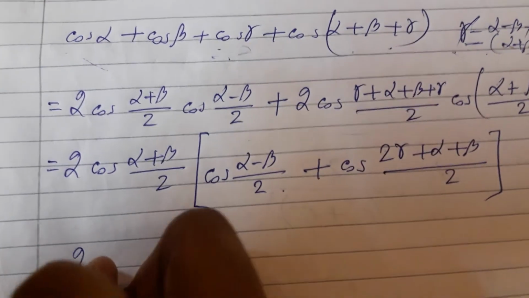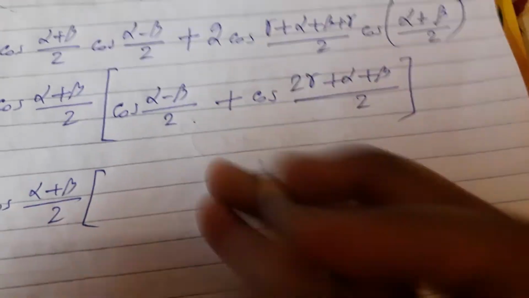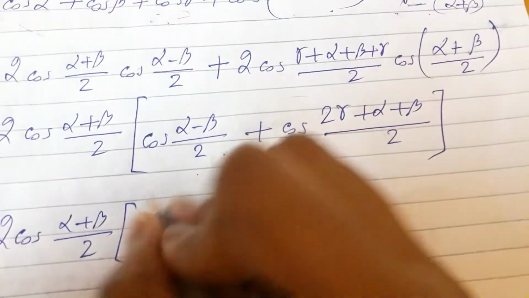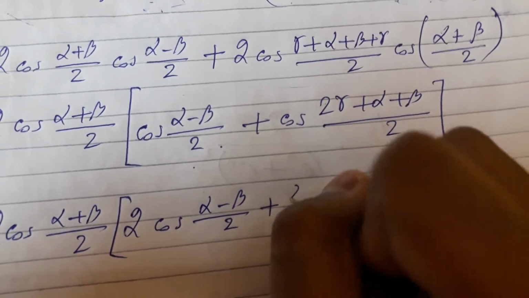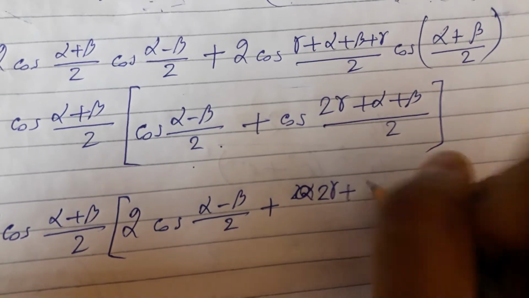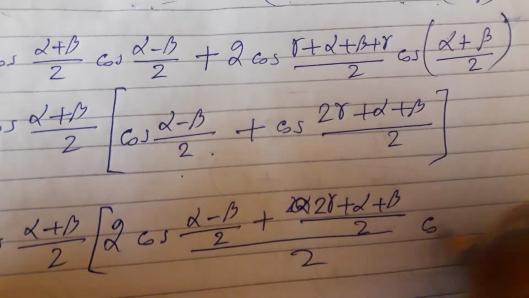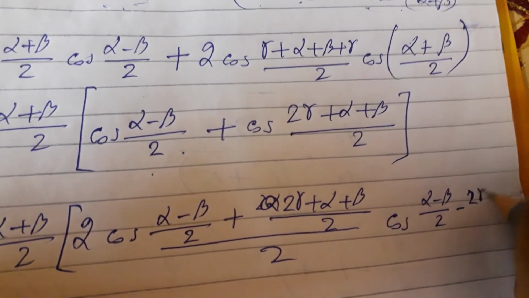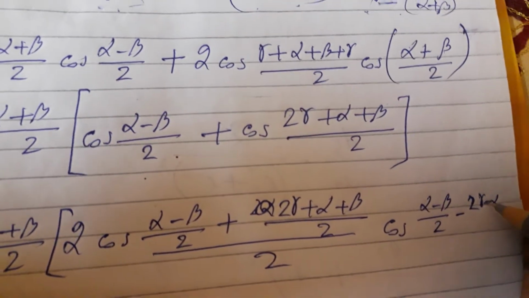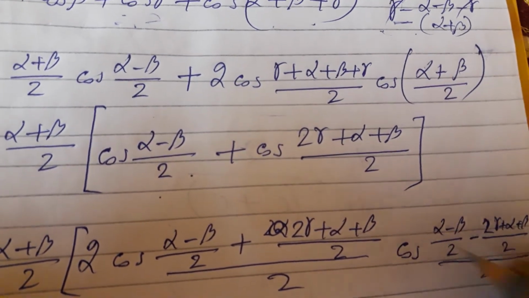So 2 cos((alpha plus beta)/2) in common, then apply the formula cos A plus cos B equals 2 cos((A plus B)/2) cos((A minus B)/2).